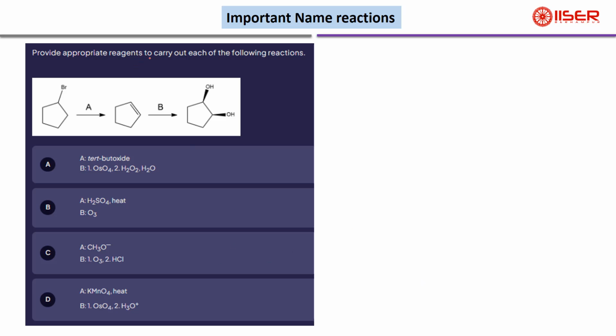Provide the appropriate reagent to carry out each of the reactions. So you have to get this A and B. What will be the A and B? To get this alkene from this alkyl bromide, it should undergo the elimination reaction.